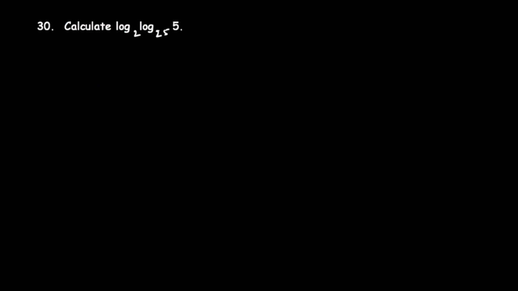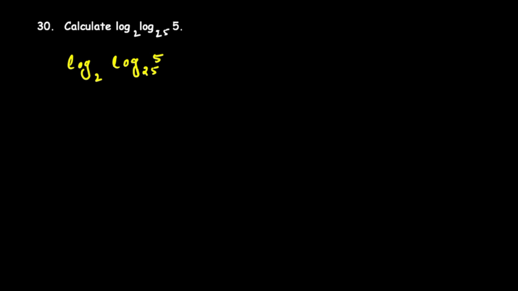Calculate log base 2 of log 5 base 25. We can write log base 2 here, and this is log 5 base 25. Let us focus on log 5 base 25. What is the value of this?